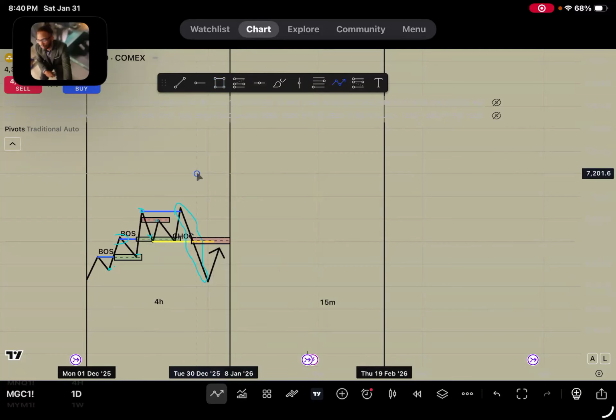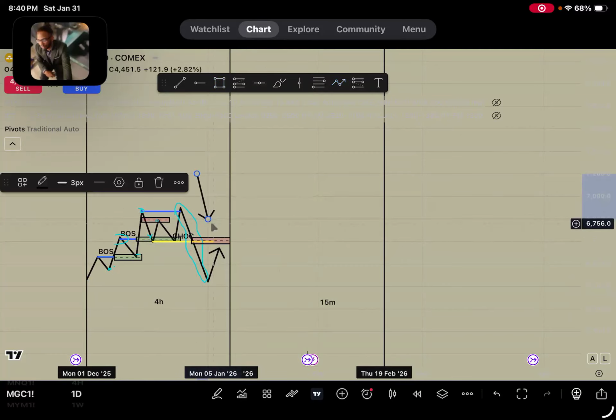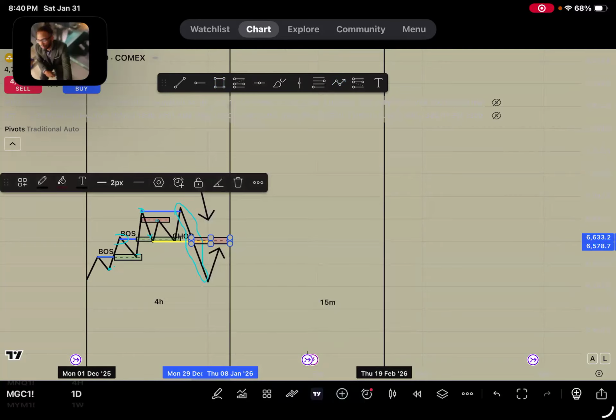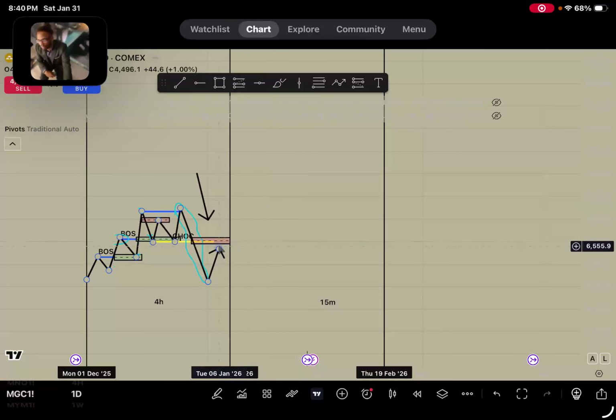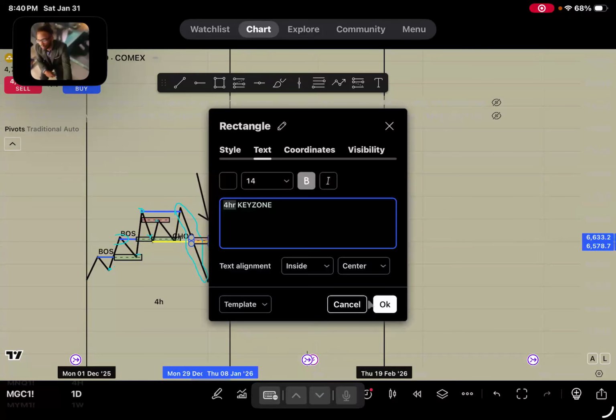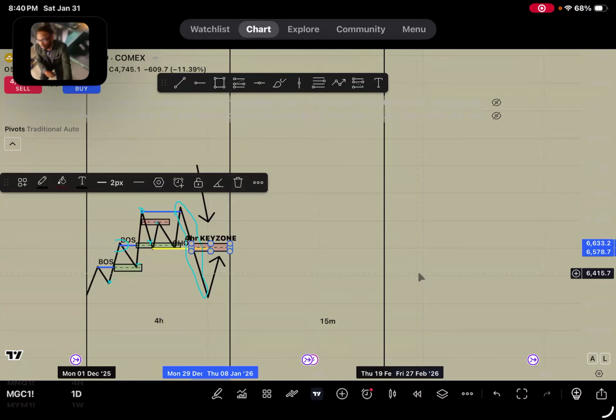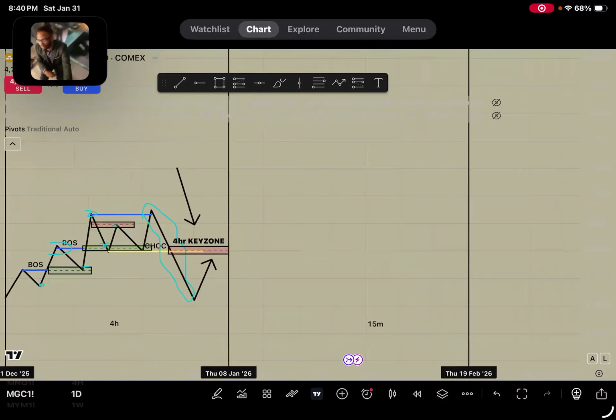So this area right here, 4-hour key zone.